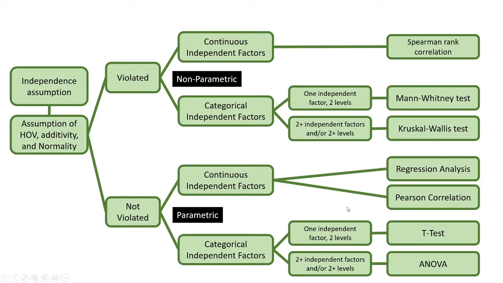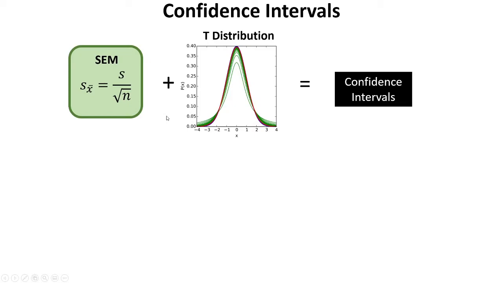for that. So early in the course, we learned about how using the standard error of the mean and the t-distribution, you can generate a confidence interval. Basically, the idea that the true mean has a certain likelihood of being within a certain distance of your x bar and your sample standard deviation.